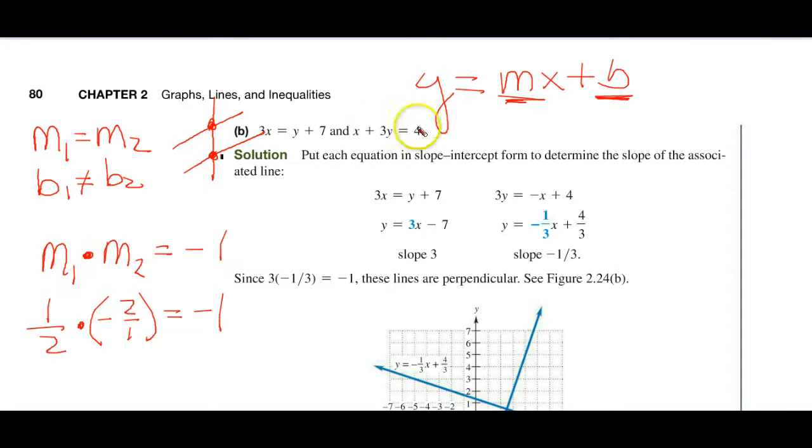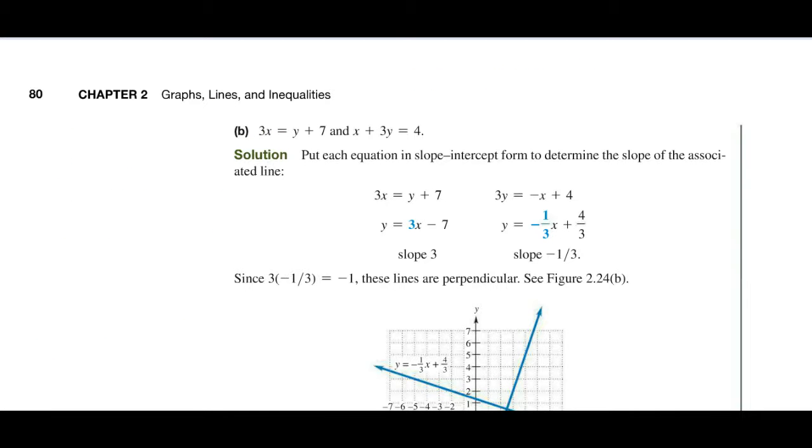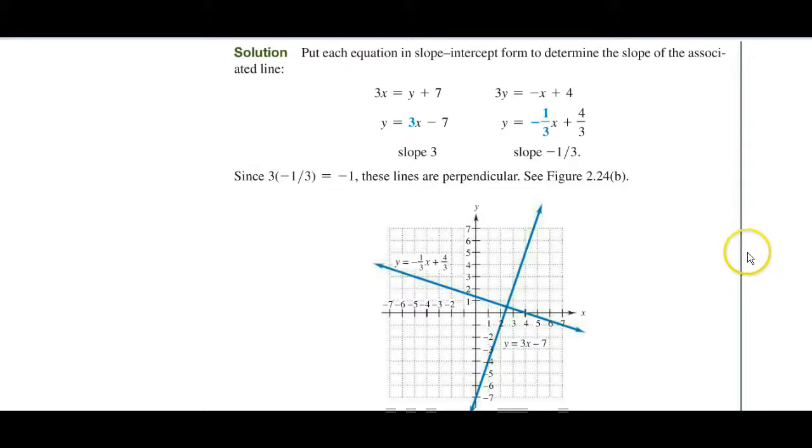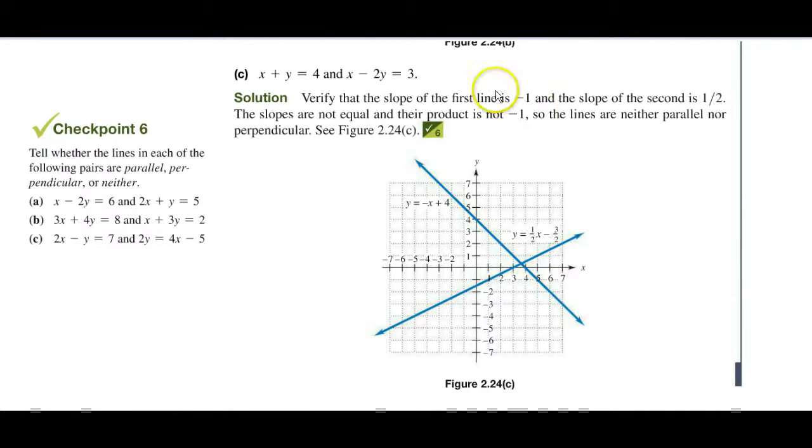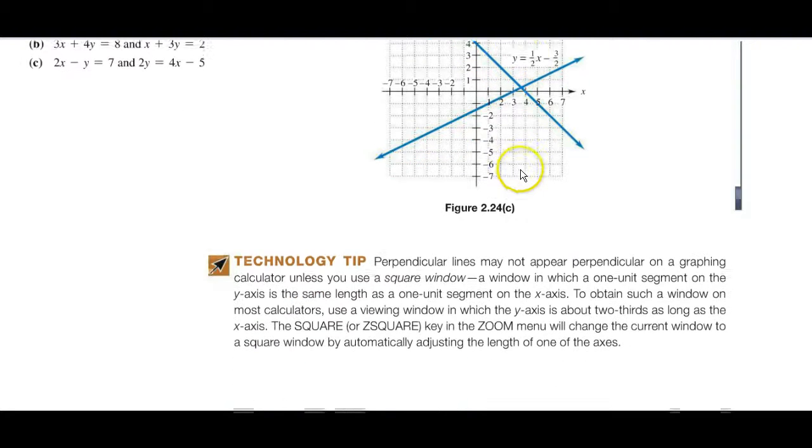If the product of these two slopes is a negative 1, then the lines are perpendicular. We see a little bit of it there. And that's the background for this. So, part of it would be to solve the equations for y and compare the slopes.